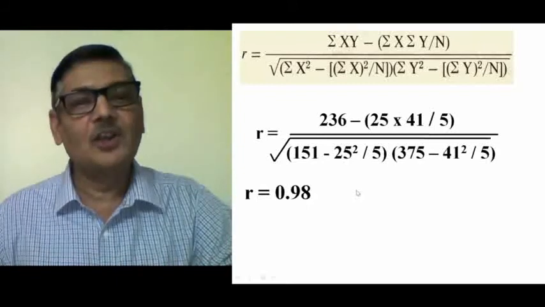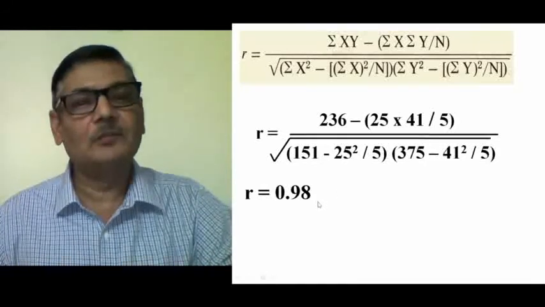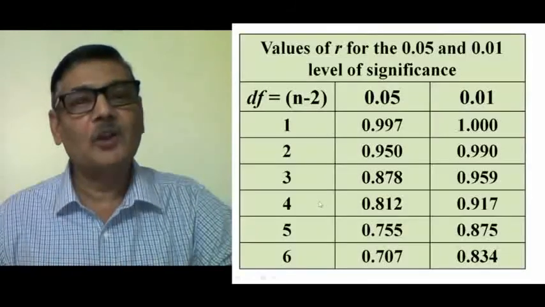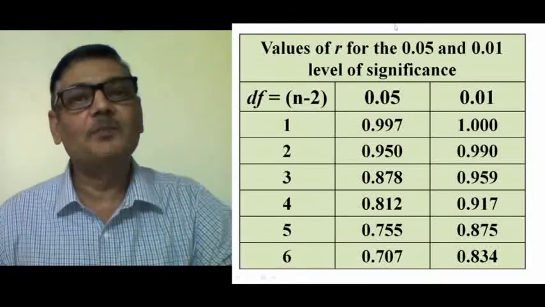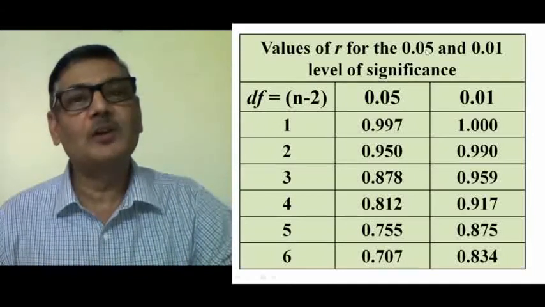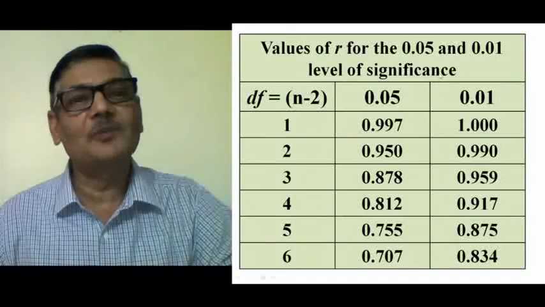After this, we can see whether this value is significantly more than 0 or there is insignificant difference. For this purpose, we can see a table where the values of r at the level of 0.05 and 0.01 will be given. So this table indicates values of r for the 5% and 1% level of significance.